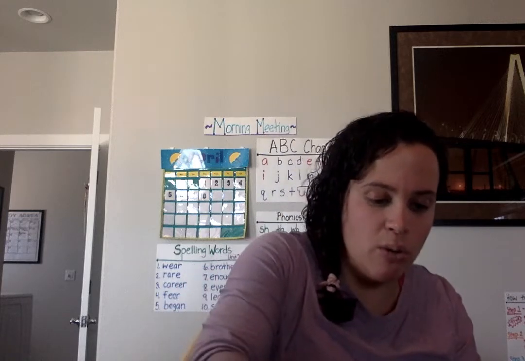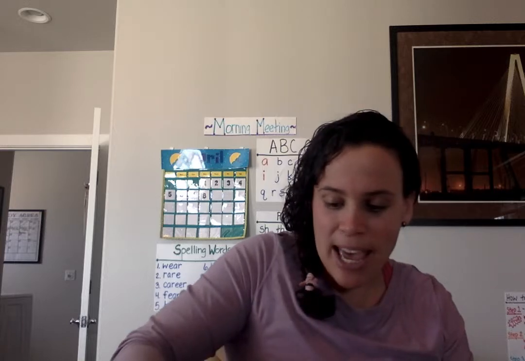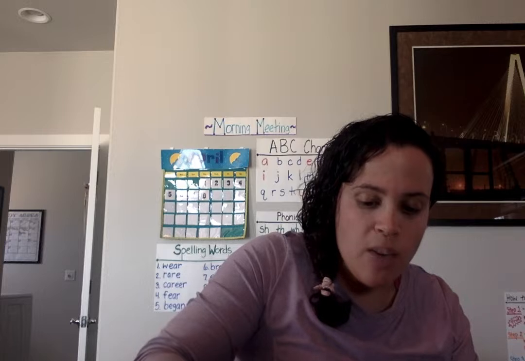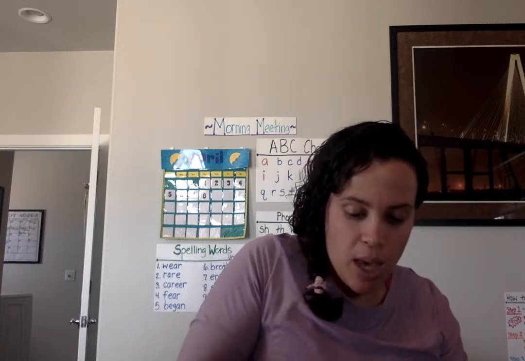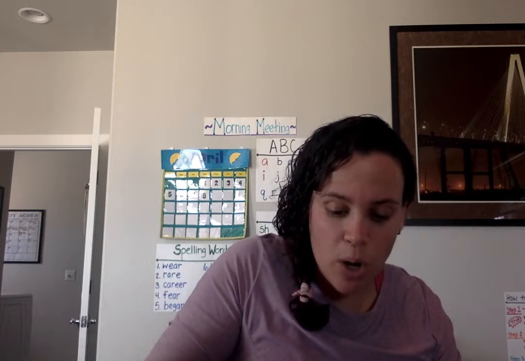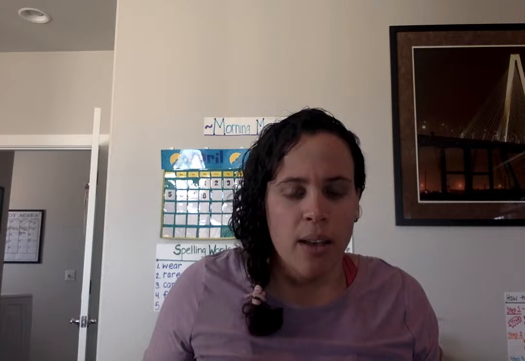So, I'm going to talk to you a second while I make my digital clock and my analog clock. We have been talking about time. We've been talking about telling time to the hour, okay? When we are telling time to the hour, we are always saying that it is, okay, the hour comes first.